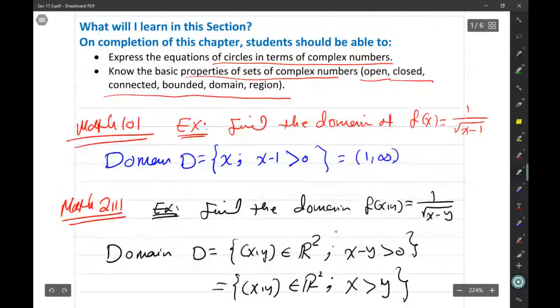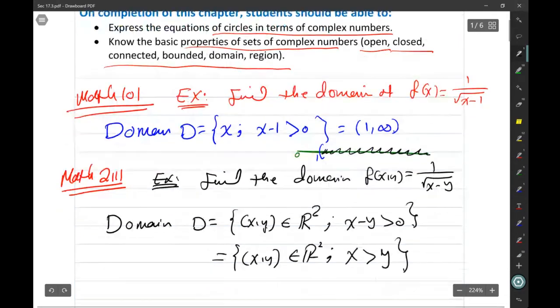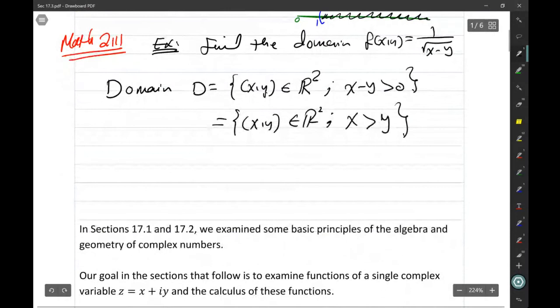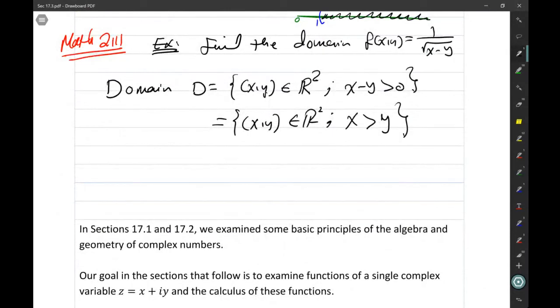When the function is single variable, its domain is on the real numbers, on the real line. But for a function of two variables, the domain will be on the plane.